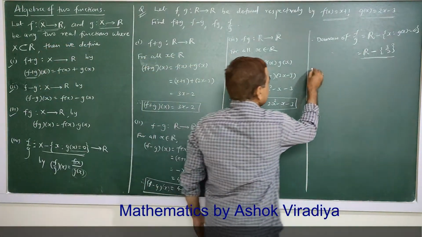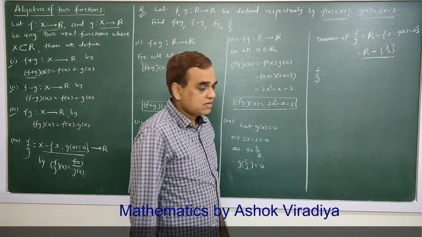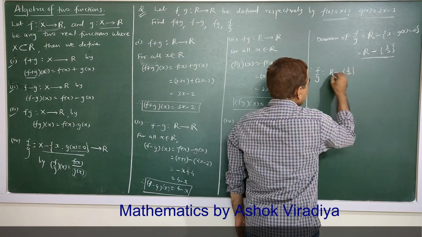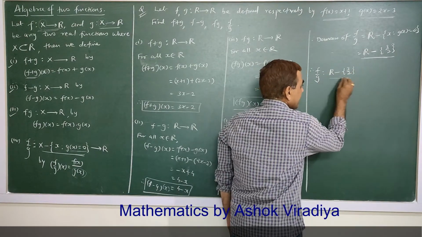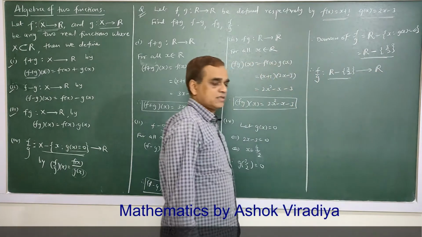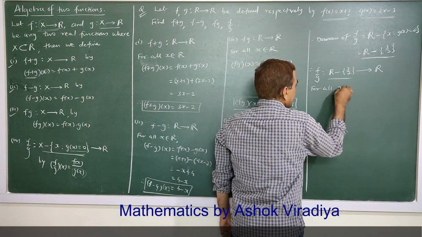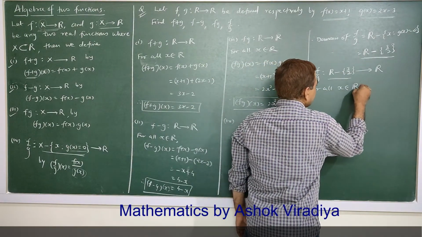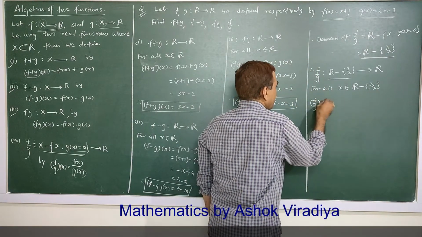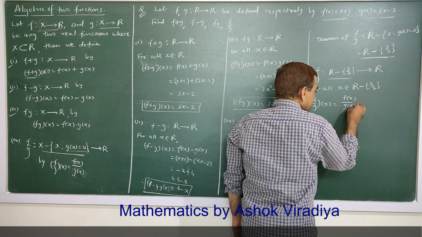So f upon g can be defined as: the domain is R minus 3 by 2, this is the domain, this is the codomain, and for all x belonging to its domain, (f upon g)(x) is f(x) upon g(x).